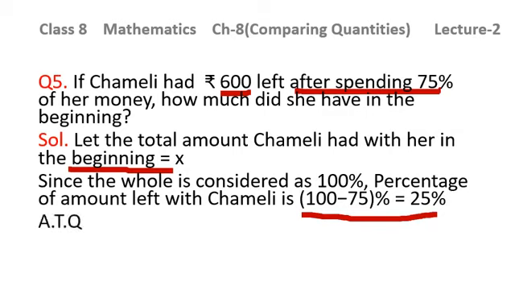Now it is very simple. So how will we do it? 25% of x, the total amount, will be equal to 600. So 25 was the percentage left we have calculated, x was the total amount which she was having, and 600 was the money which she was having after spending 75% of her money.